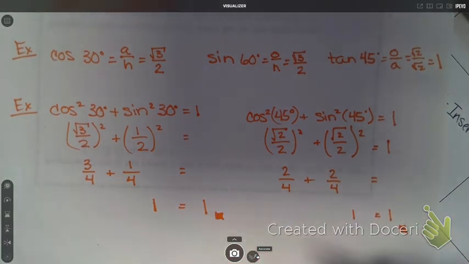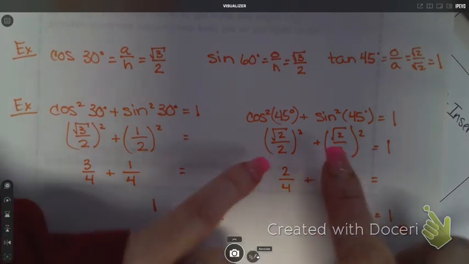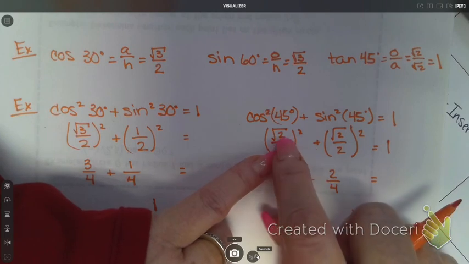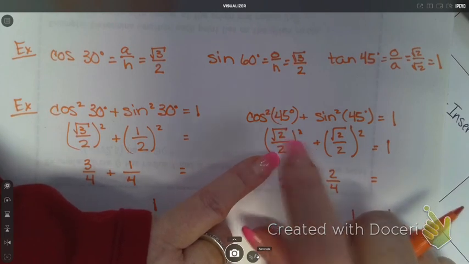Okay, 1 equaled 1. Are these parentheses important? Yeah, because without them, the square is only on the numerator, right? So parentheses do matter.